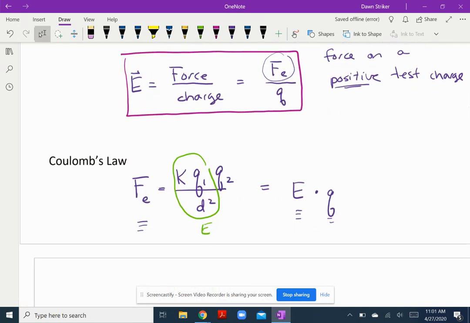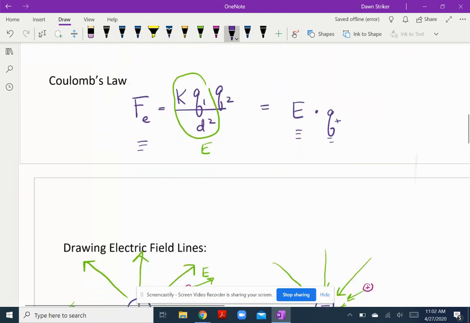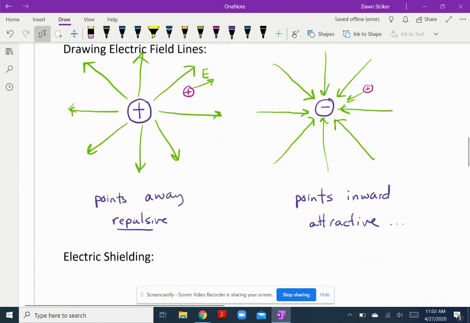And here in Coulomb's law, this is going to be a little positive charge. The test charge is always positive. That's why in pink, or whatever this color is, raspberry, I've drawn my little positive test charge. Whatever happens to that charge tells me the direction of the electric field.